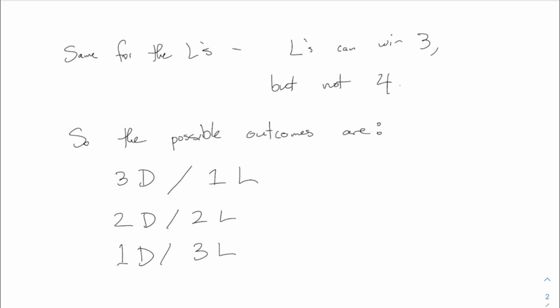And that's it. You can't get 4 and 0 because like I said over there, the D's are not capable of winning all 4, and the L's also are not capable of winning all 4. So 4 and 0, or 0 and 4 are impossible, right?